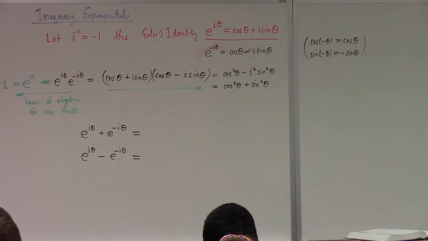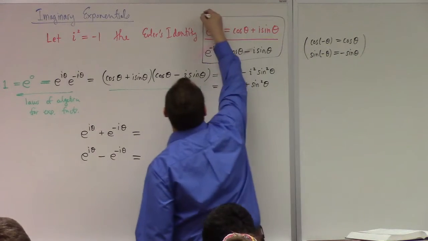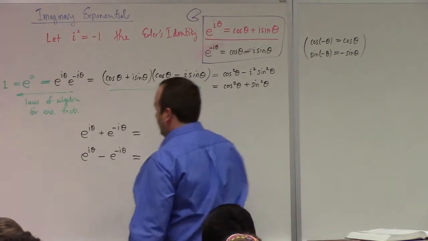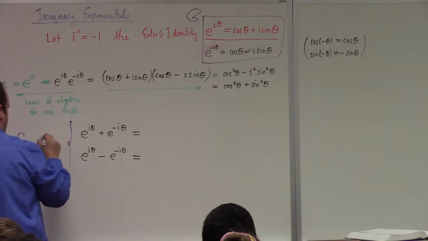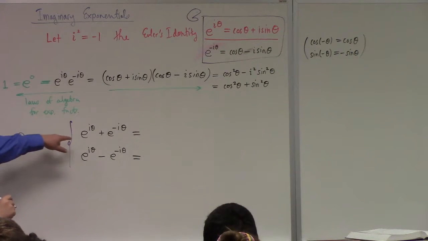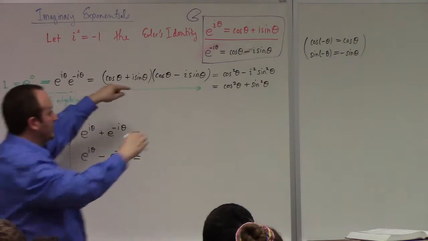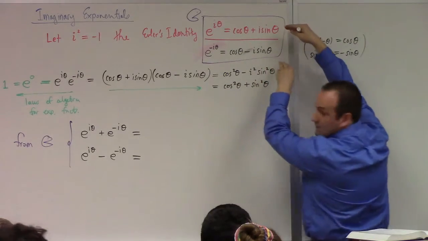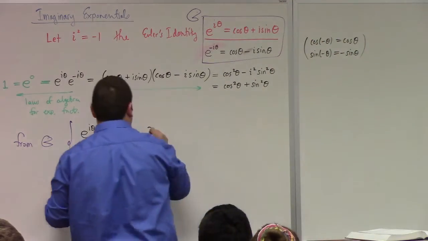Let me put a box around these and call it Pac-Man. From Pac-Man, if you add the top and the bottom, and if you subtract the top and the bottom, what do you get? What happens when you add them? The i sine thetas cancel, right?